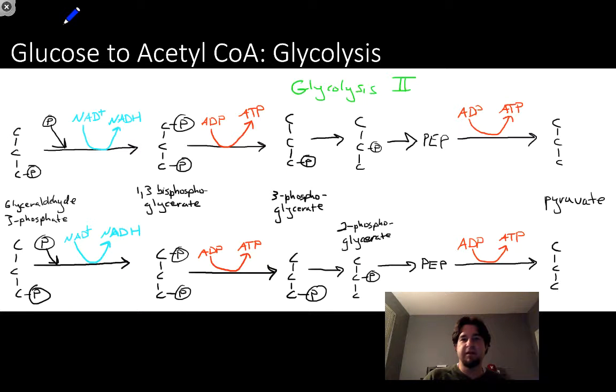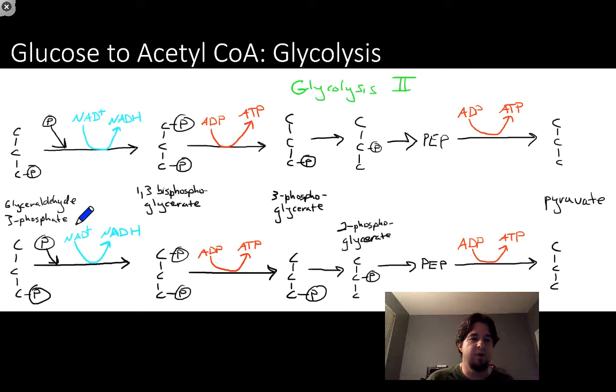The second part of glycolysis is where we're going to take these glyceraldehyde 3-phosphates, the G3Ps that we just talked about at the end of glycolysis 1. And so again, we have 2 of them, right? Because the original 6-carbon glucose molecule got chopped in half into the G3Ps, each with the phosphate attached to them. We're going to have another inorganic phosphate come in and attach.